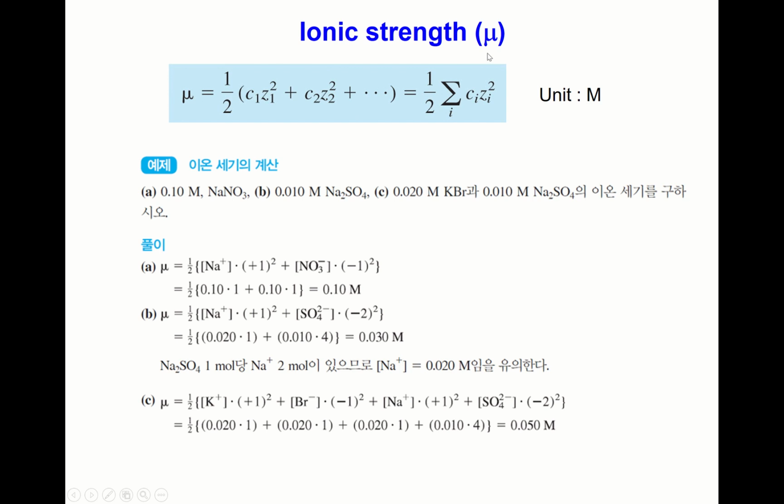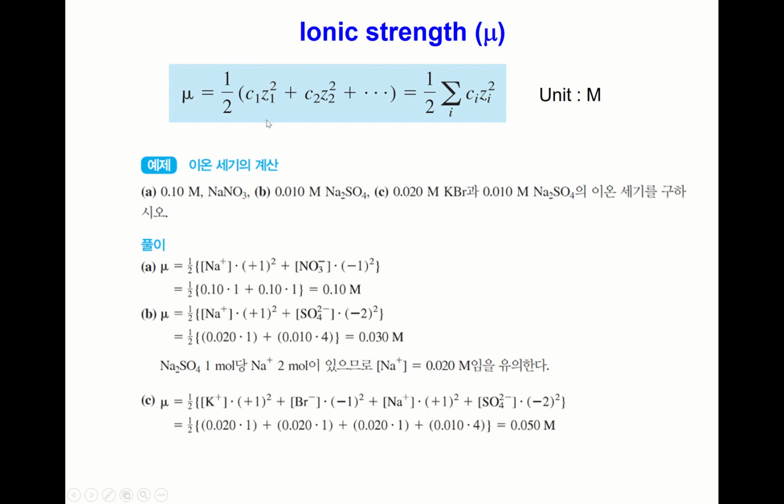The symbol is mu. It is defined by this equation: mu equals 1/2 multiplied by this sum. Ci is the concentration, C means concentration, and Z means charge. Why is the charge squared?